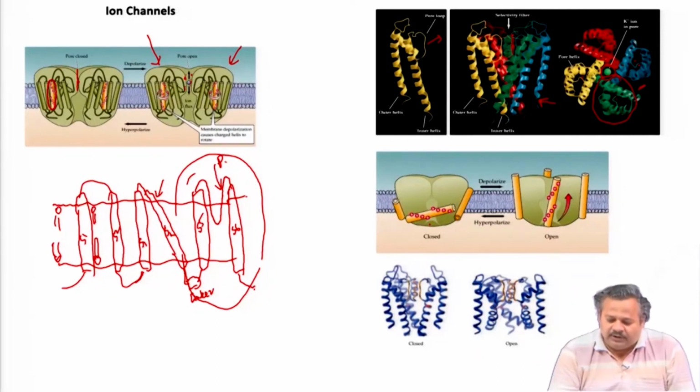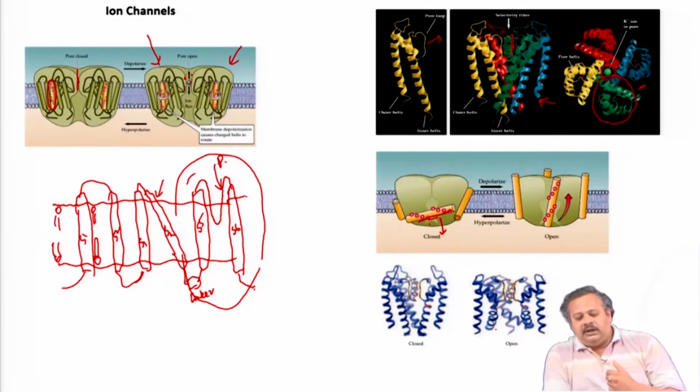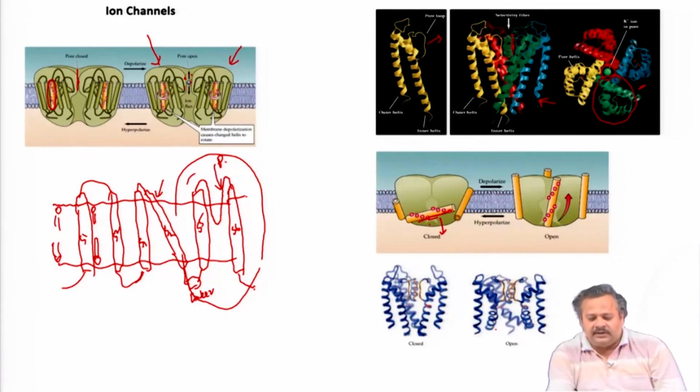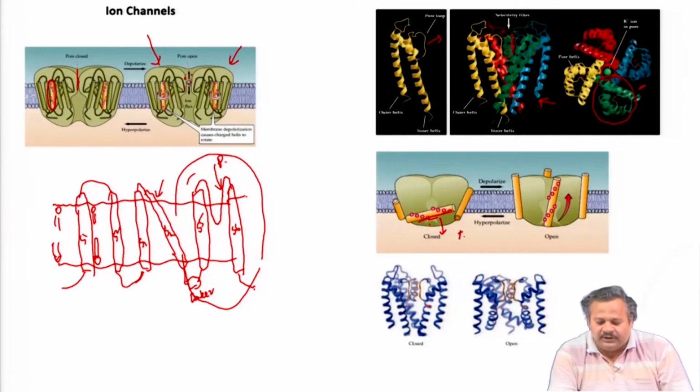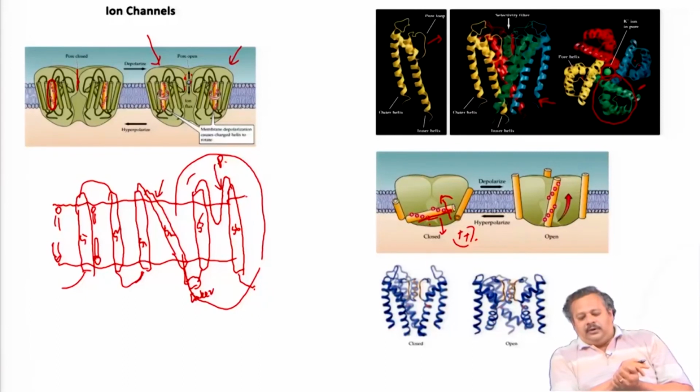As you can see, the positive charges are towards the inside of the membrane when it is closed, and when the voltage increases, there is a depolarization, that is there is a build up of positive charge here, the positive potential here, then this is repelled and made to move out, and that pulls the pore open.